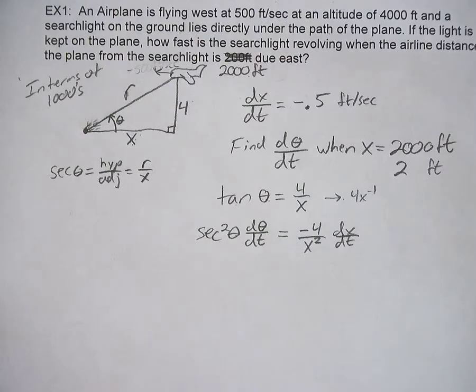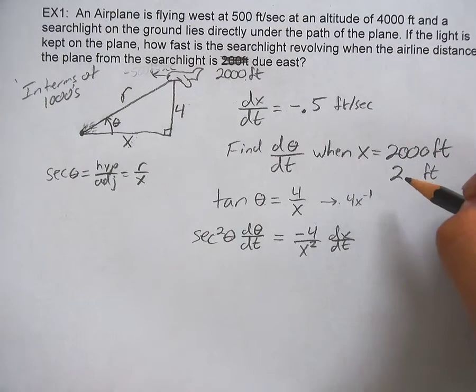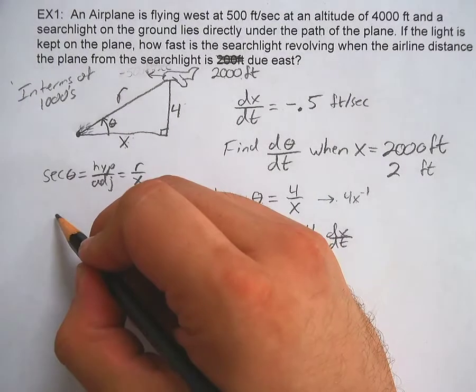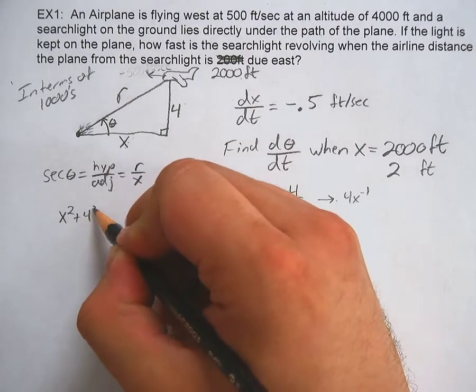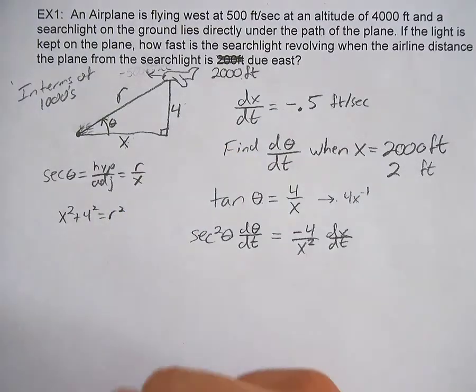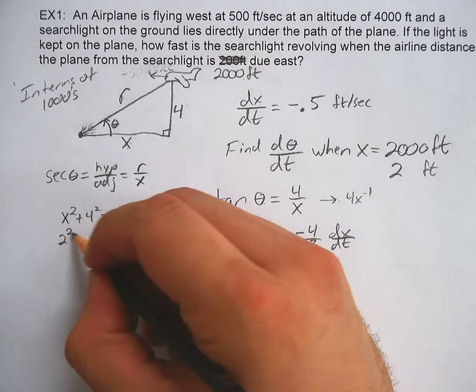Secant is r over x. So we need to come up with r when x is 2. Remember, it was 2,000. I'm just going to call it 2 since we're in thousands. So I'm going to say you have x squared plus 4 squared equals r squared, your good old Pythagorean theorem. And let's come up with r when x is 2.